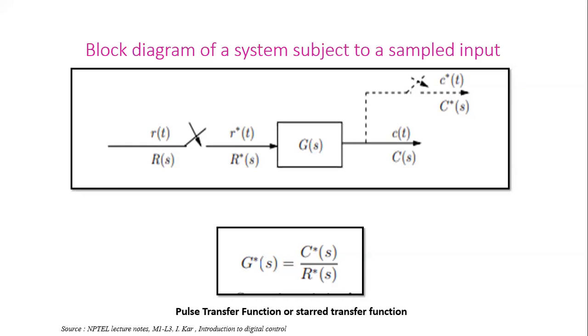I repeat this sentence because I want all of you to take note of it. Pulse transfer function relates the Z transform of the sampling instance to the Z transform of the sampled input. In a while, once we see the pulse transfer function, we will revisit this sentence once again.